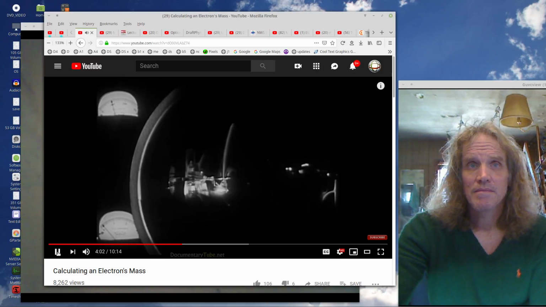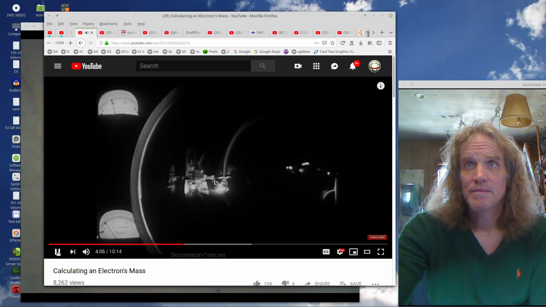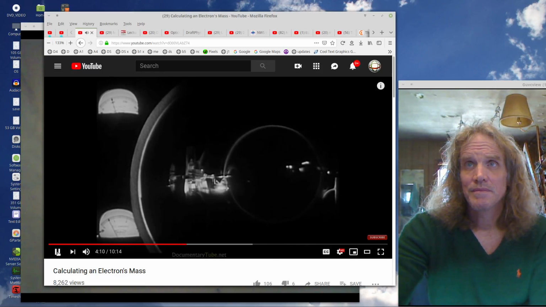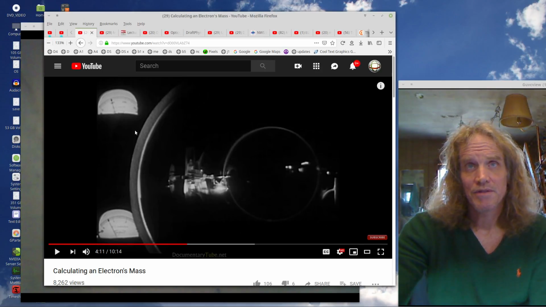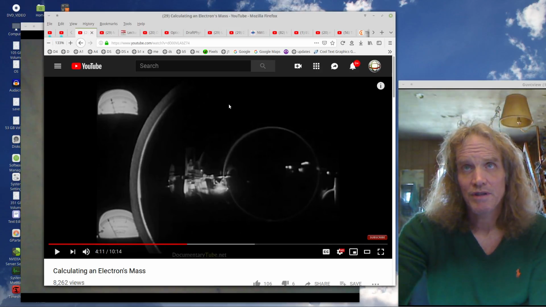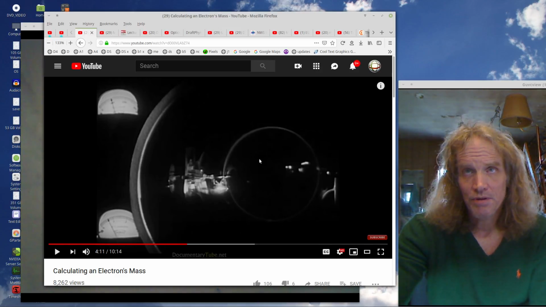As we increase the field, we increase the deflecting force on the beam. It's just right there in your face. The force is pushing from both of those coils, and it's just pushing the electrons down, down, down, down, down.